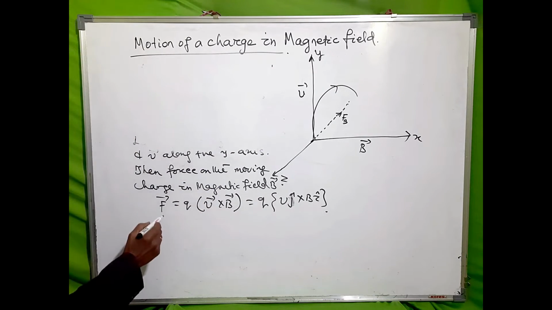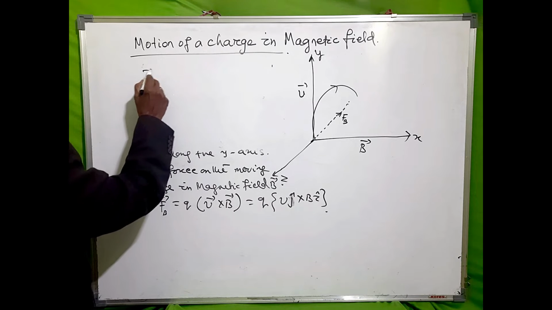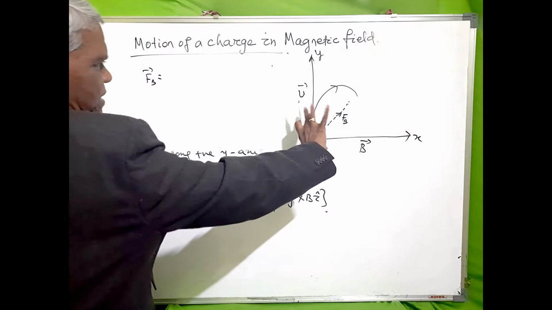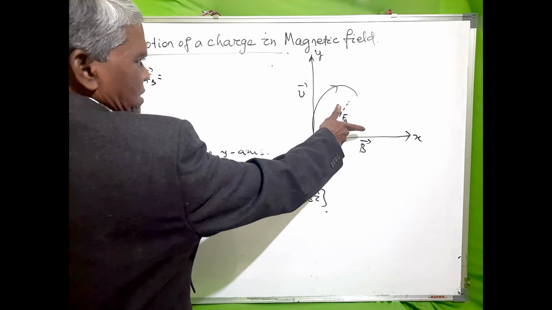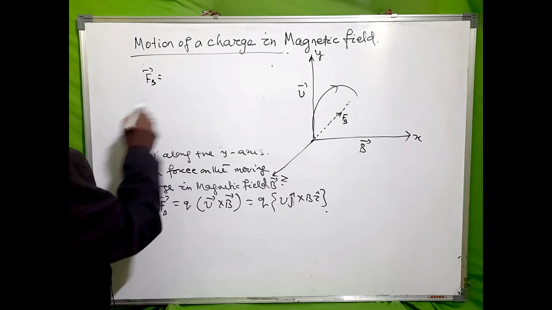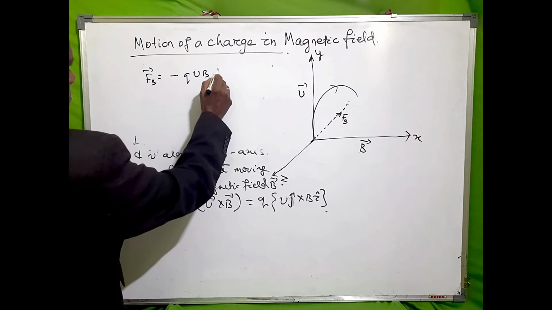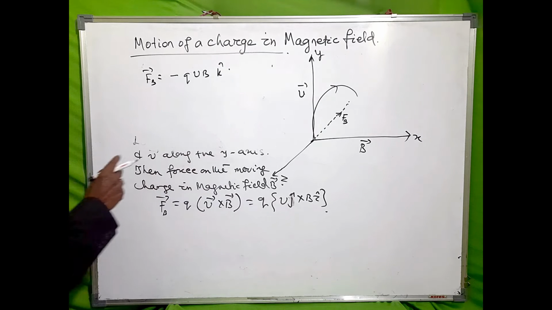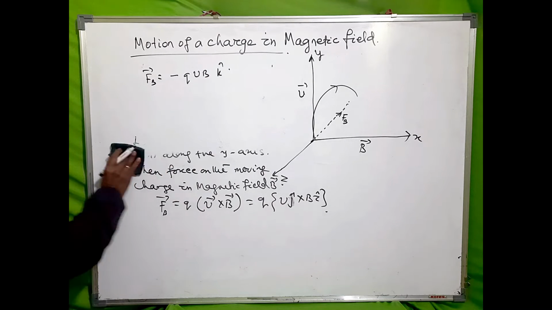Or F, the force due to magnetic field, F_B is equal to q v cross B, j cross i is minus k. This is minus q v B k cap. Thus force is along negative z-axis.